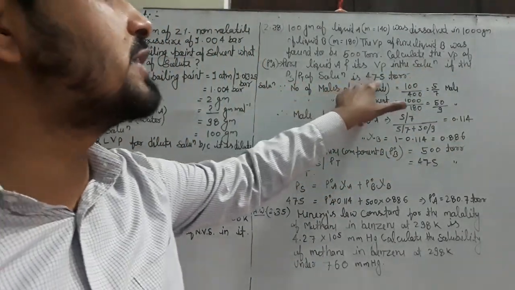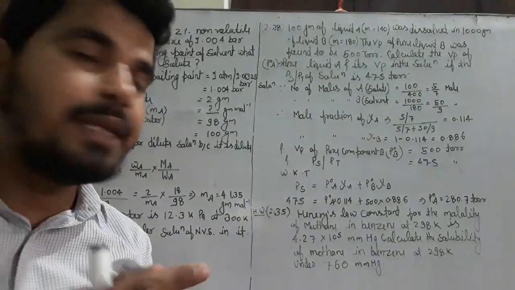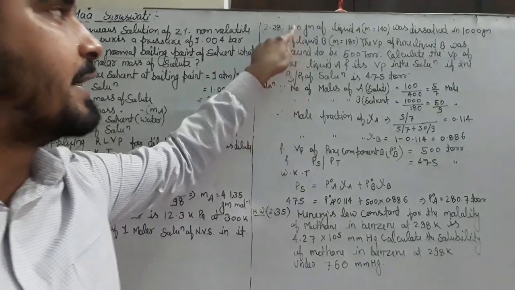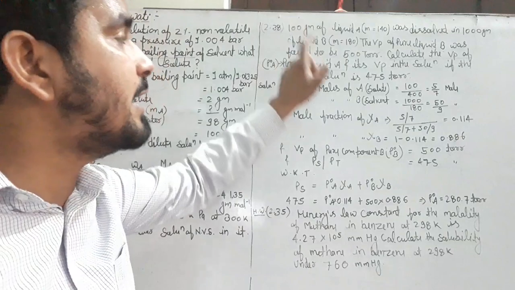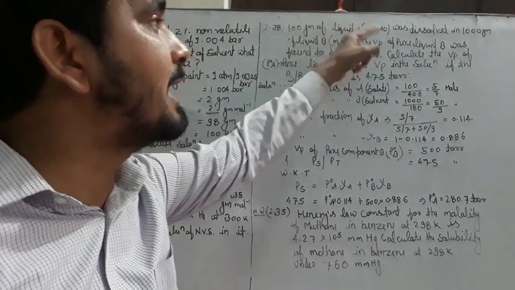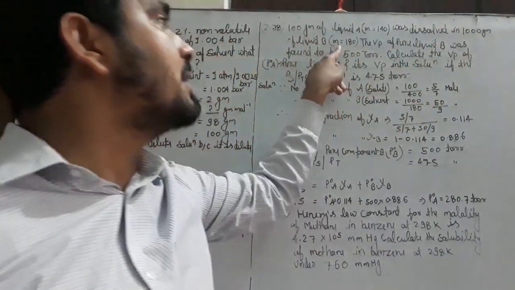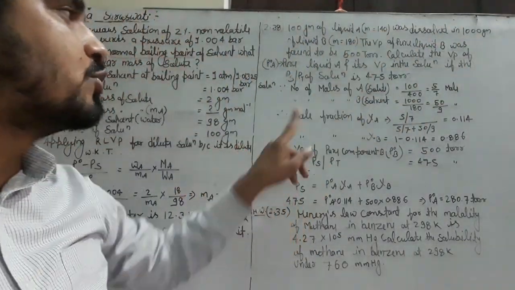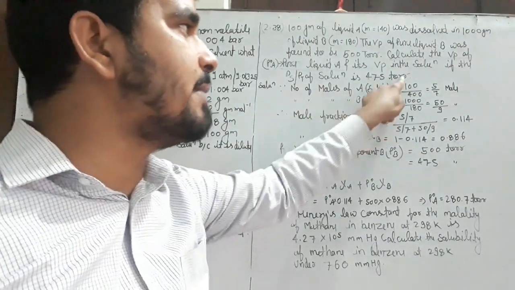if the total pressure is also given, 475 torr. So dear children, listen, we have the given mass of solute as well as its molar mass. We have the given mass of solvent as well, because 100 gram is going to dissolve in 1000 gram. So we can find one thing very easily: number of moles equals given mass upon molar mass.